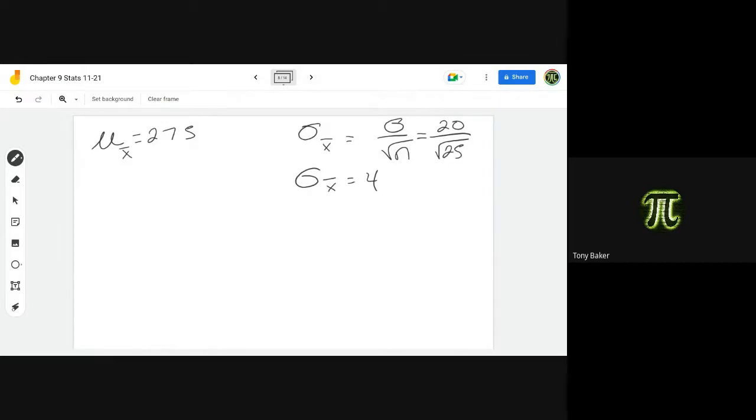All right, so let's figure out our z-score, the test statistic for it. So my z-score formula was the sample mean minus the mean, divided by the standard deviation.